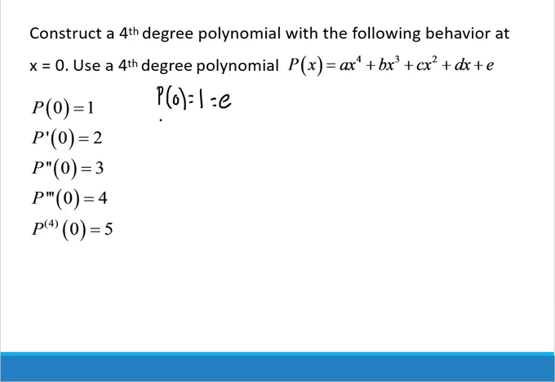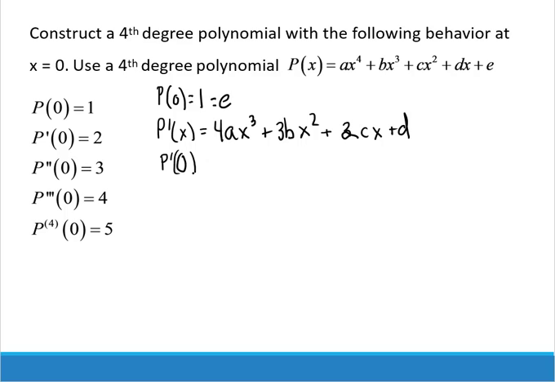My derivative of this function is 4ax to the third plus 3bx squared plus 2cx plus d. And p prime of 0 is equal to 2, so that gets me d is equal to 2.